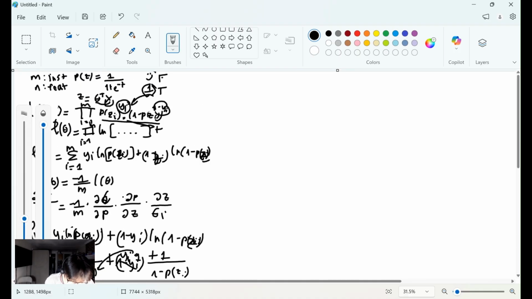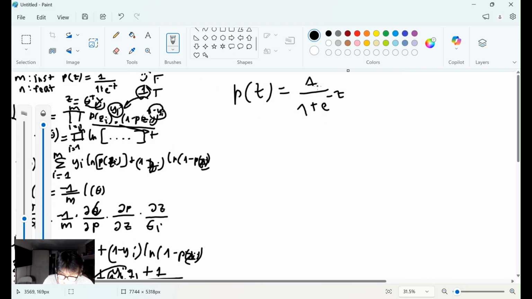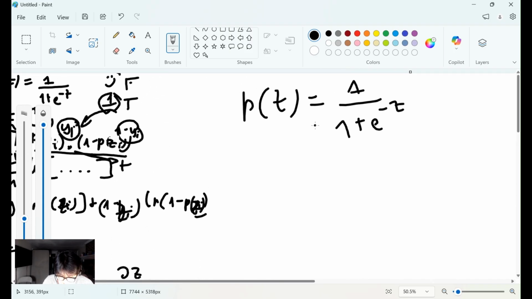Okay, so for p, the gradient of p with respect to z, where p(z) equals 1 over 1 plus e to the power of minus z. Let's zoom this out.